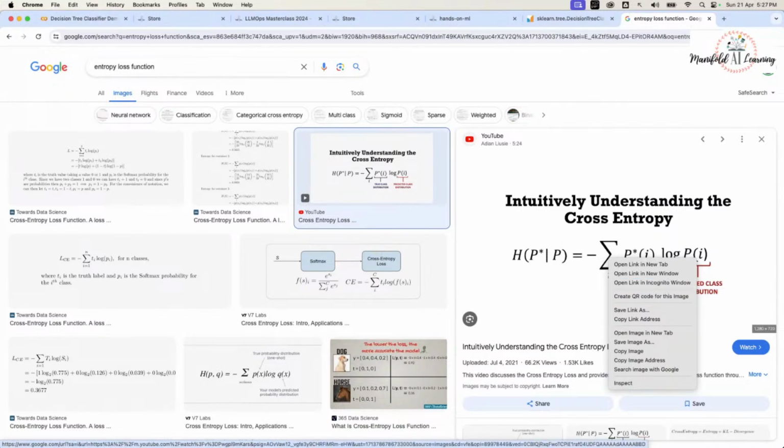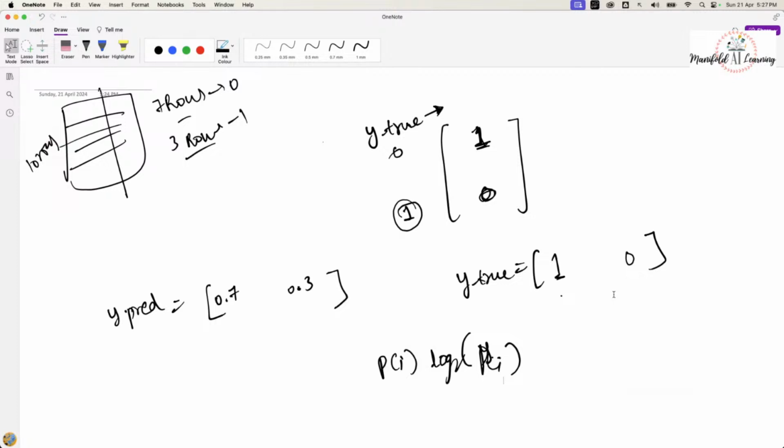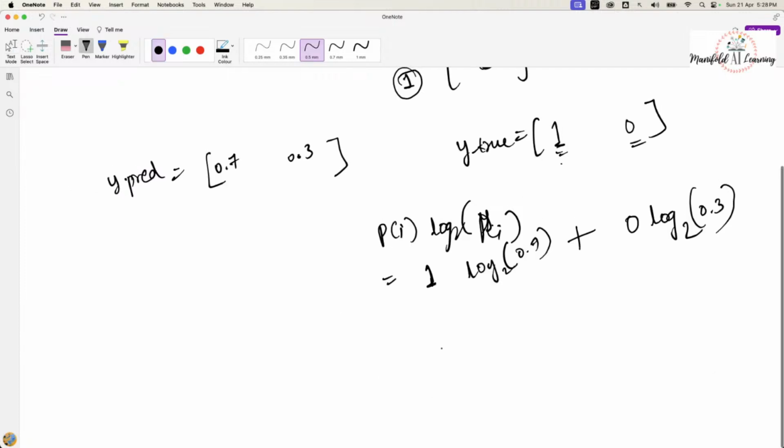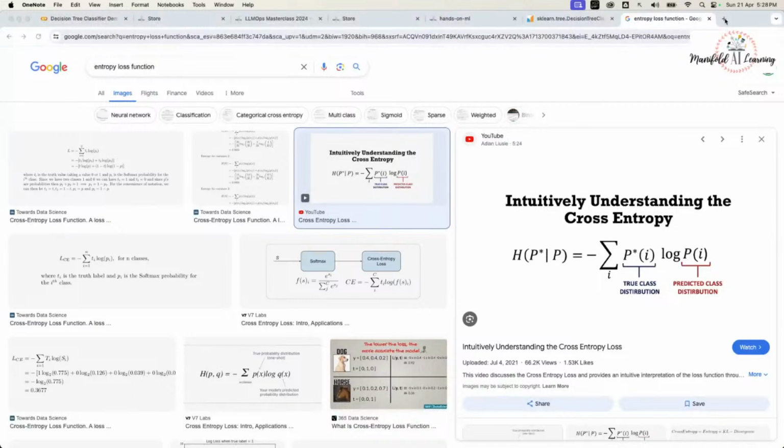In this scenario, since we're dealing with class 0, the true class distribution is 1, multiplied with log base 2 of the predicted class distribution, 0.7, plus the true class distribution for class 1, which is 0, multiplied with log to the base 2 of 0.3. Now if I simplify this, let's calculate the value.